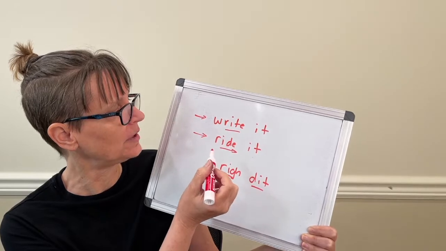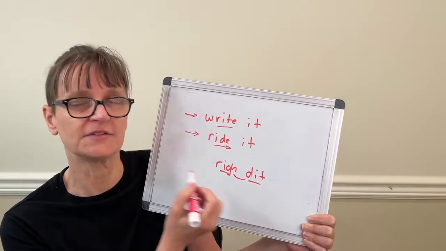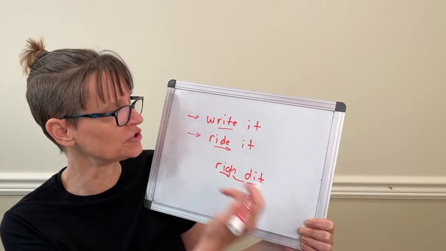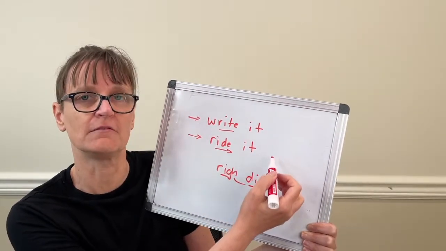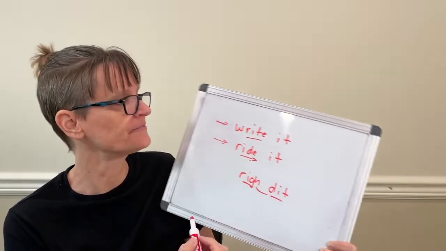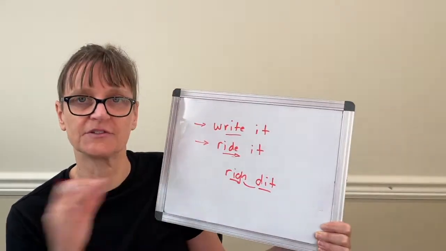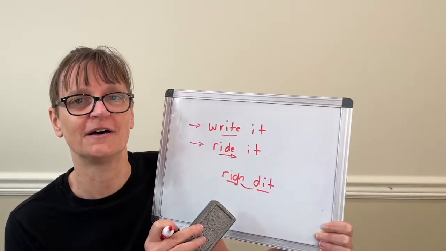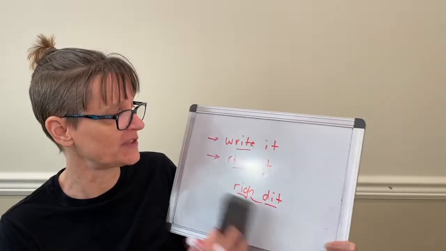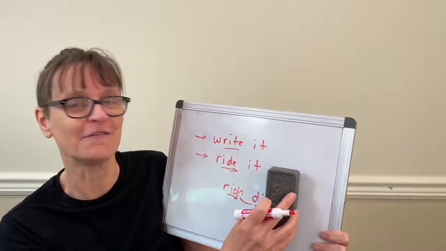And so even though they link the same and they have the same sound, you should hear a difference between write it and ride it, that the vowel is going to be longer in ride it. Yeah, so that's kind of subtle, but it has to do with the difference between just those words, whether or not they're linked. So that's one example where they don't sound the same in fast speech.